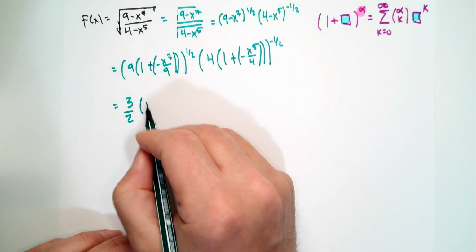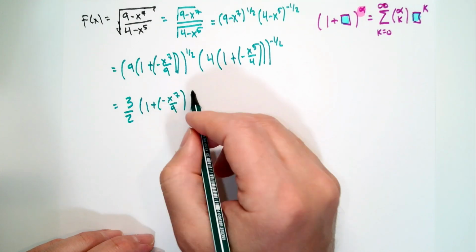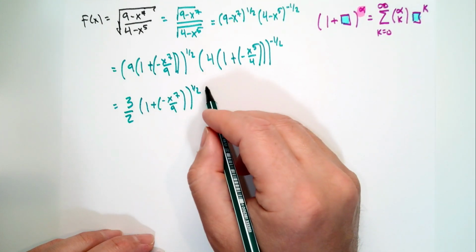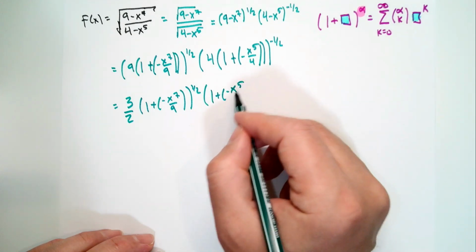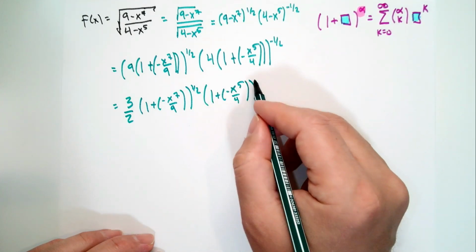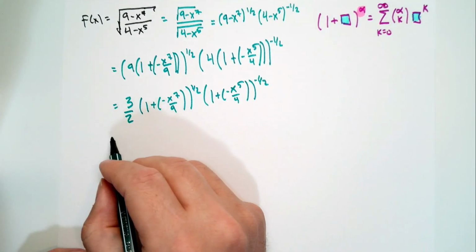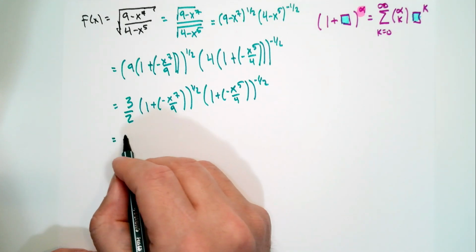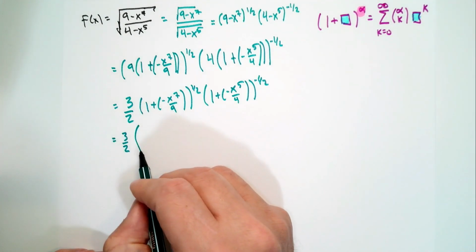All right, so again, 1 plus minus x to the 7th over 9 to the 1/2 power, and then 1 plus minus x to the 5th over 4 to the minus 1/2 power. Now we can apply our series. So we get 3/2.